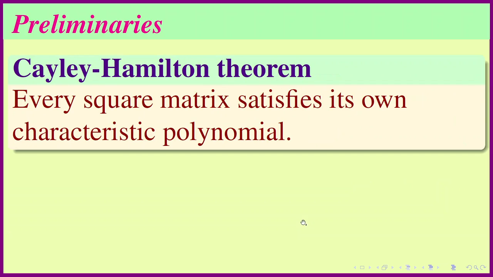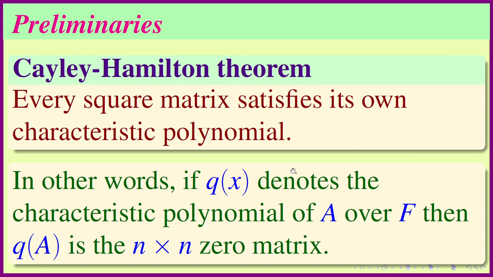An important result concerning the characteristic polynomial is the Cayley-Hamilton theorem. Every square matrix satisfies its own characteristic polynomial. In other words, if Q(x) denotes the characteristic polynomial of a matrix A over F, then Q(A) is the n cross n zero matrix.